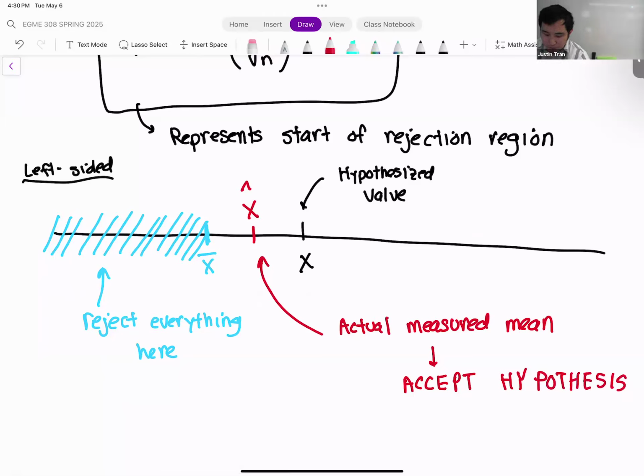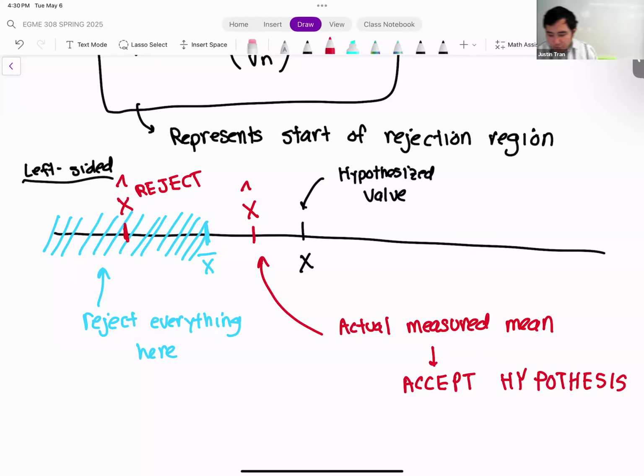But if our measured mean was within the rejection region, so it's sufficiently less than the hypothesized value, then in this case we're going to reject. When I say accept and reject, I mean our original hypothesized value.